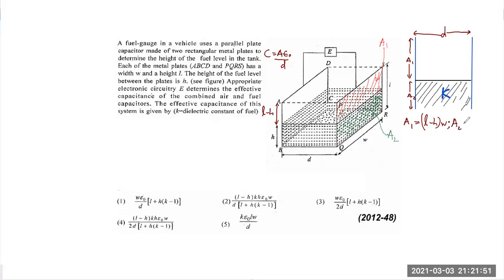And A2 is the green color area. What is that? H is the height and W is the breadth. So that is HW, A2. Okay, D is common, and here we have K and this thing. Fine. So the system can be considered equivalent to two capacitors in parallel, one and the other one.